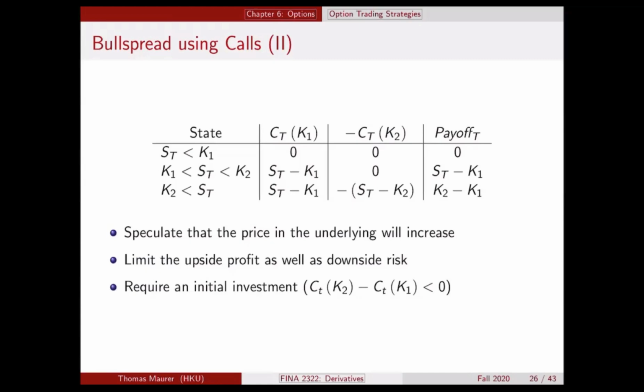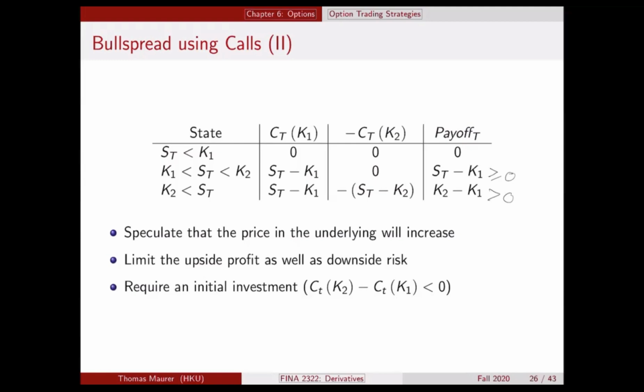From this analysis, you also see that because payoffs are always either 0 or positive, it must be that the initial cost is positive, so that the profit may actually be negative in certain states of the world and only positive in others.